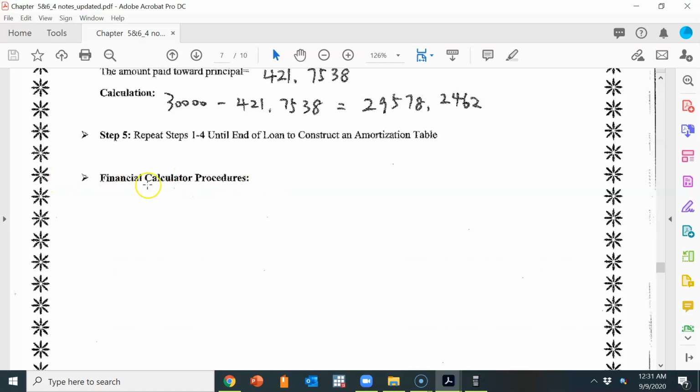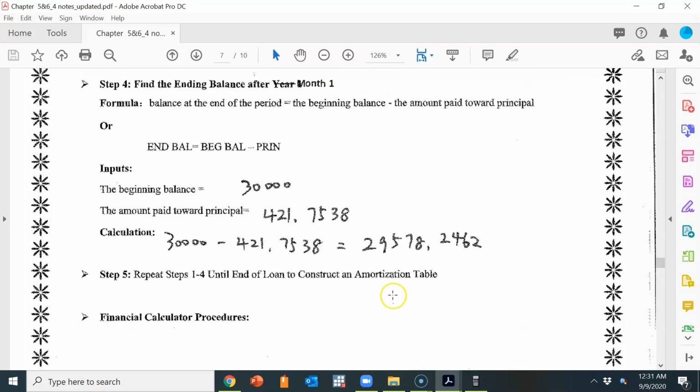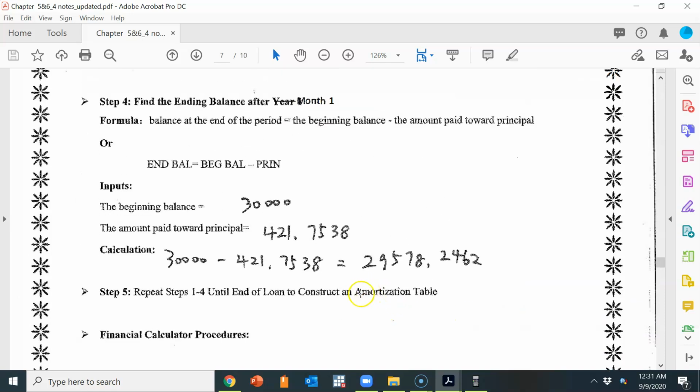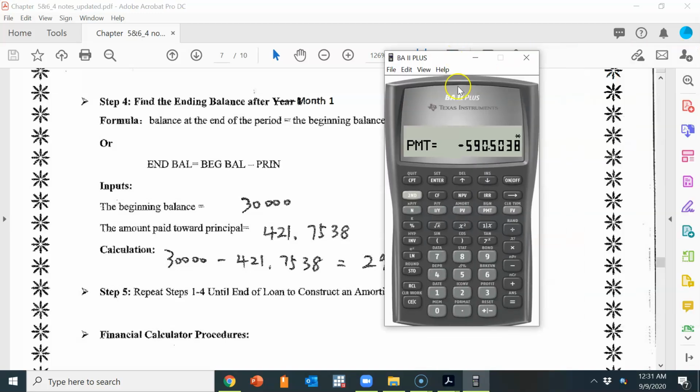There's a blank here because all the steps are going to be the same as how we worked for the example. After you figure out the total payment for each month, you just need to press second amortization here. Again, P1 equals P2 equals 1, meaning all the values are for the first period, which here is the first month.